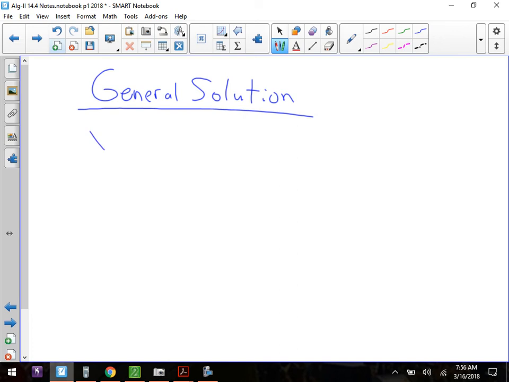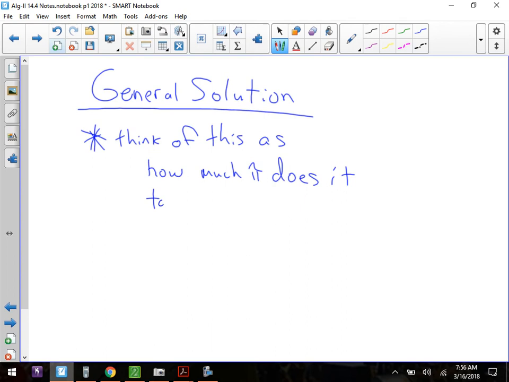Think of this as kind of a weird idea. This idea of what's called a general solution, I want you guys to think of it as how much pi does it take to get to another answer?